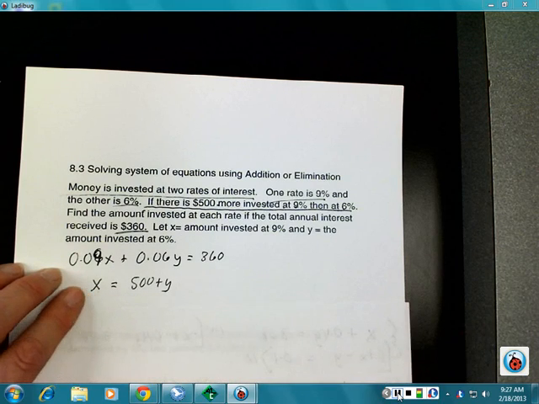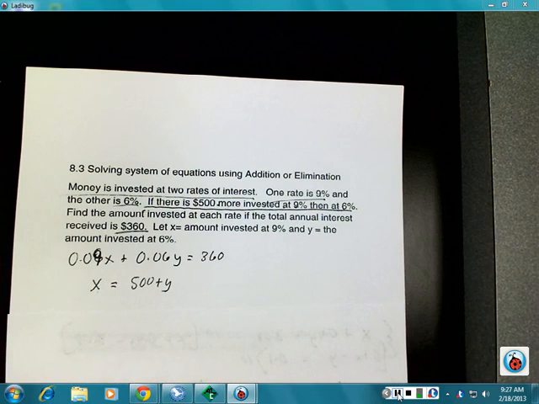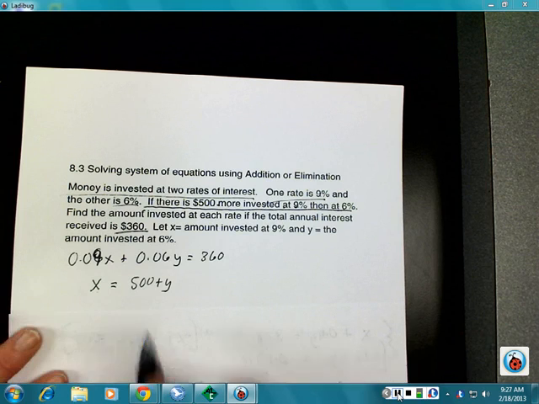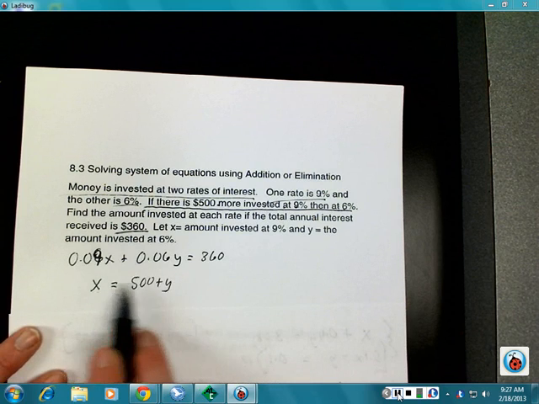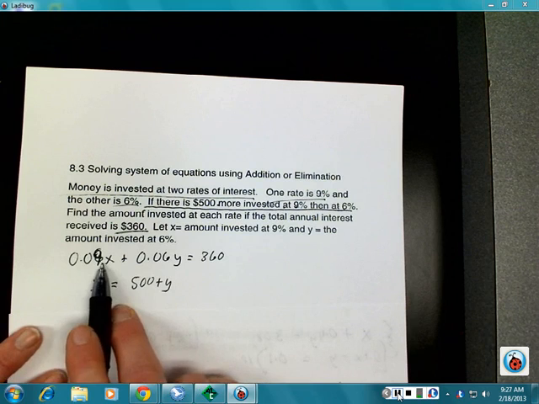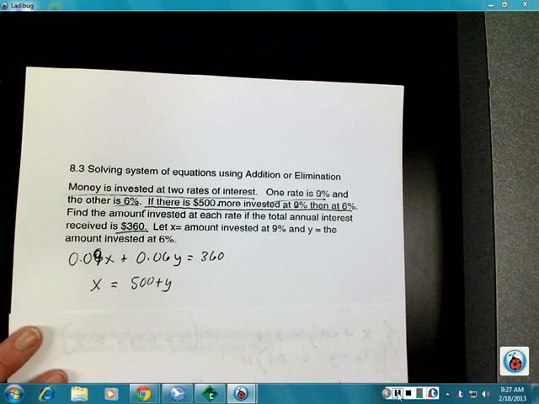Now, when I look at this one, what does it make you think you want to use out of your toolbox to solve it? We had graphing, probably wouldn't be good graphing it. We had substitution. Looks like a prime substitution, doesn't it? Because if I look at this thing, I could put this in place of X and be done with it right off the bat. But we are in the process of doing elimination.